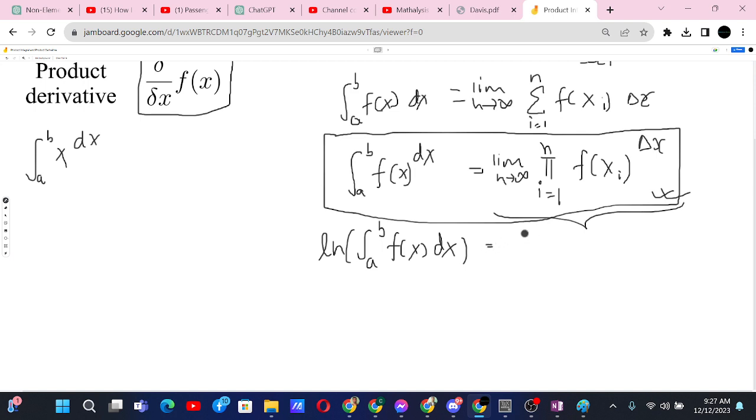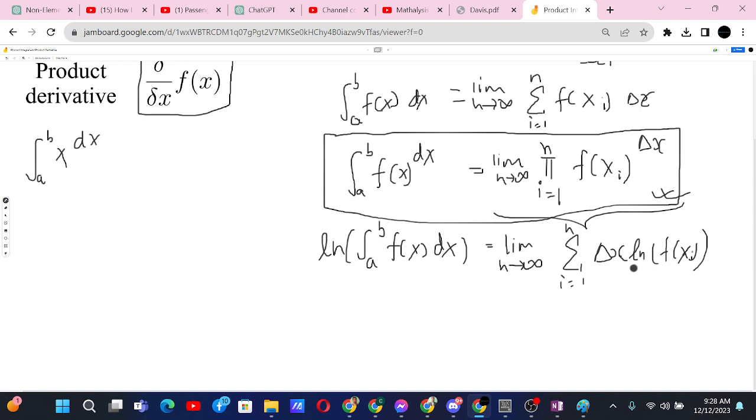We will have the limit as n tends to infinity of the sum from i equals 1 to n of delta x times ln of f of xi. If you take log on both sides, products change to sums and the power comes down as a product. So this is what happens.